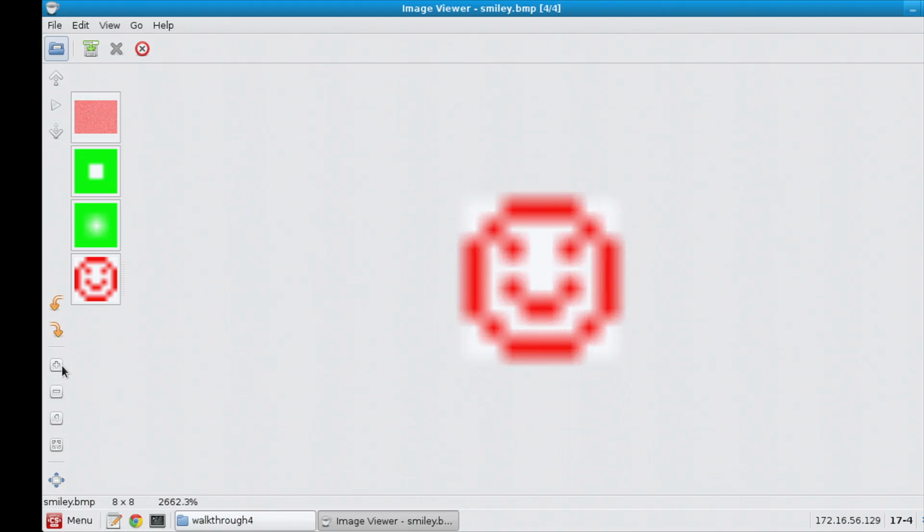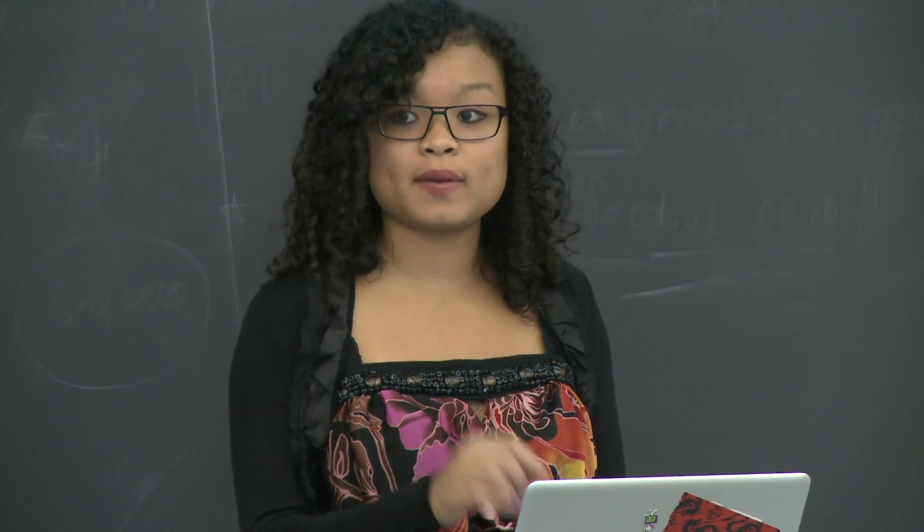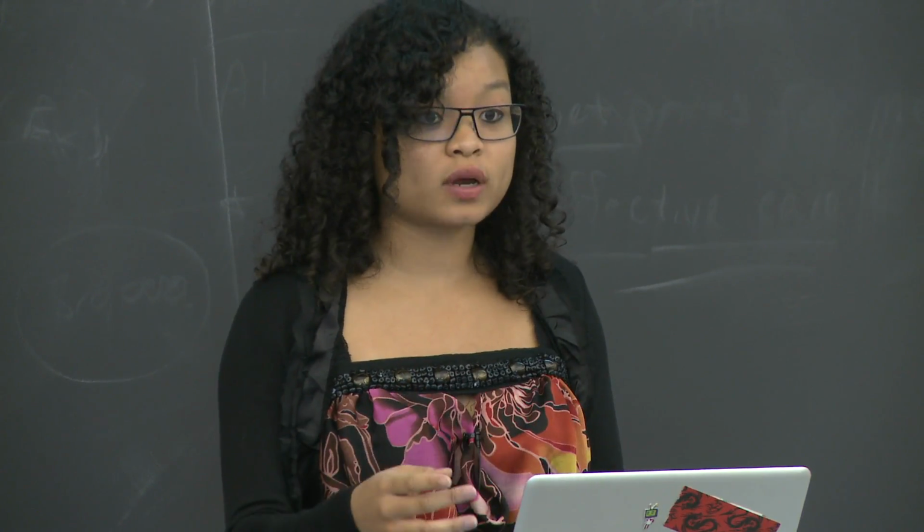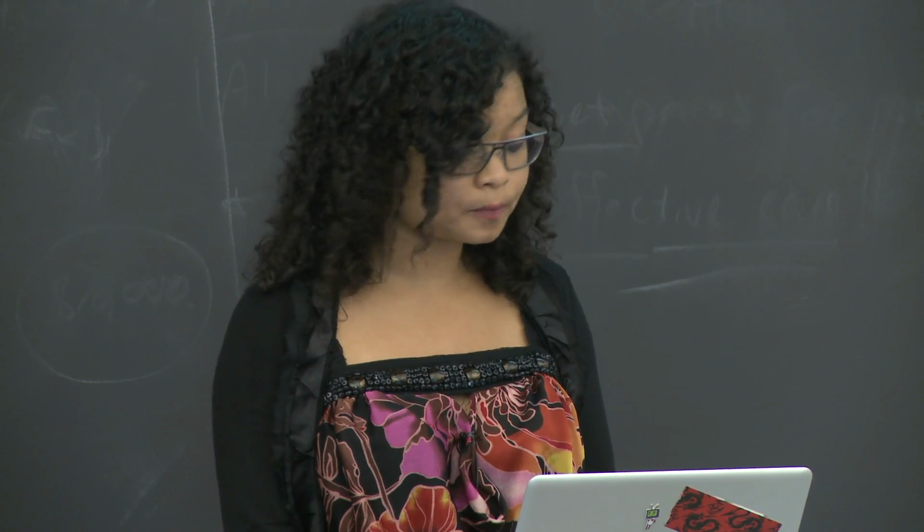But I'm zooming in. And what you can see is essentially it's pixelated. It looks like basically blocks of color. You have white blocks and then red blocks. If you play in Microsoft Paint, for instance, you could make something like that by basically just painting certain squares in a specific order.